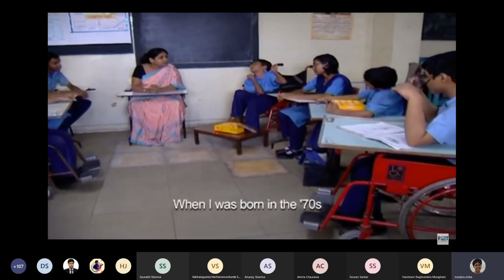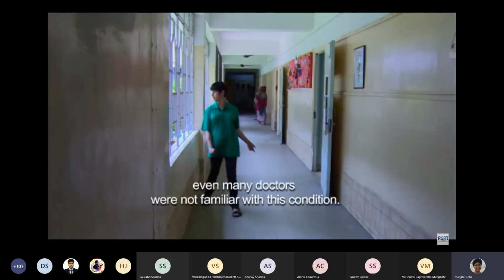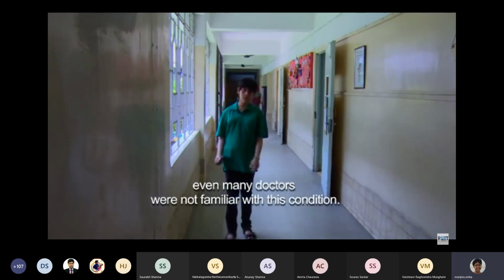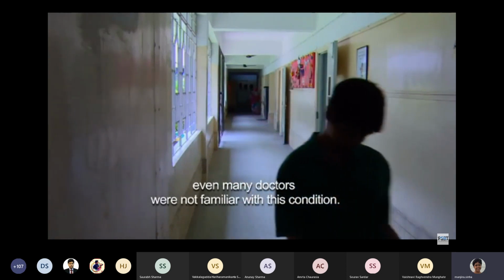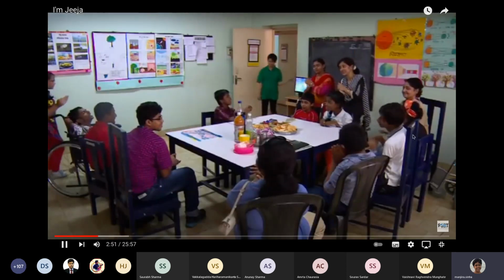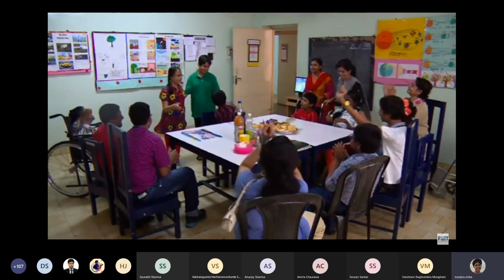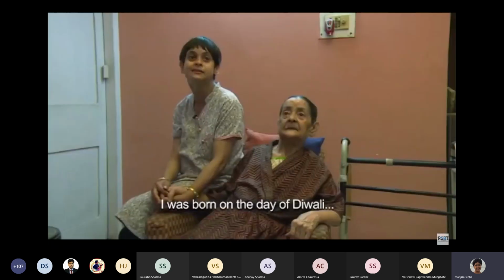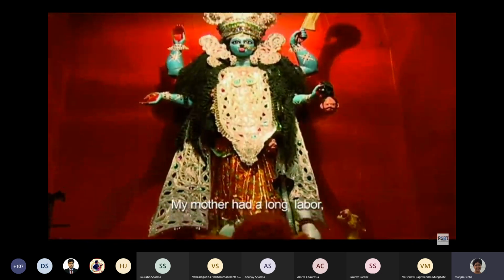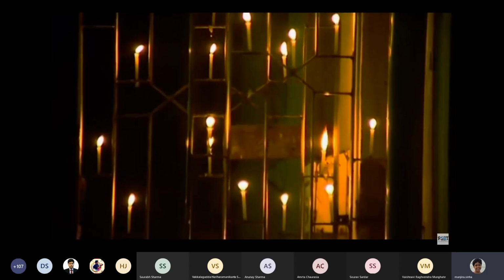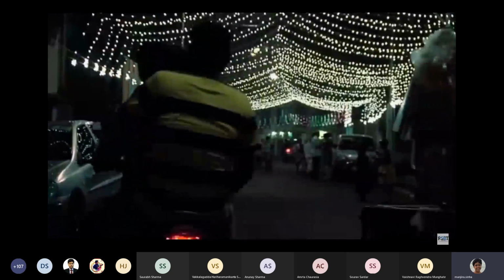When I was in the 70s, even many doctors were not familiar with this condition. Diwali in June, Mama, long live March, the doctor only got burden.